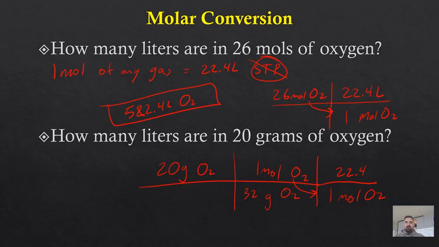And then we're going to multiply by 22.4. And then you should get 14. And what's the unit for this going to be? All right, 14 liters of O2. Any questions on this one? All right, let's move on.